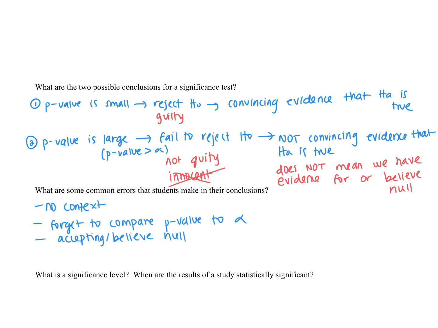Okay, here is the thing I want to make sure that we understand. If we fail to reject the null, we are saying that the null value is only one plausible value for the parameter.